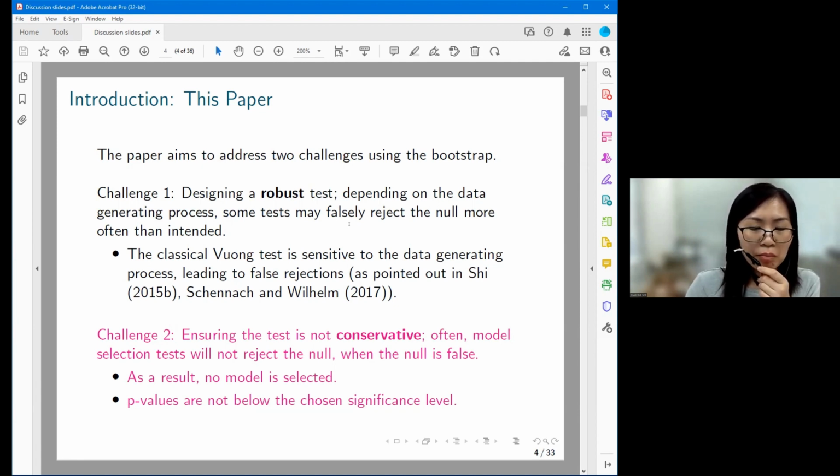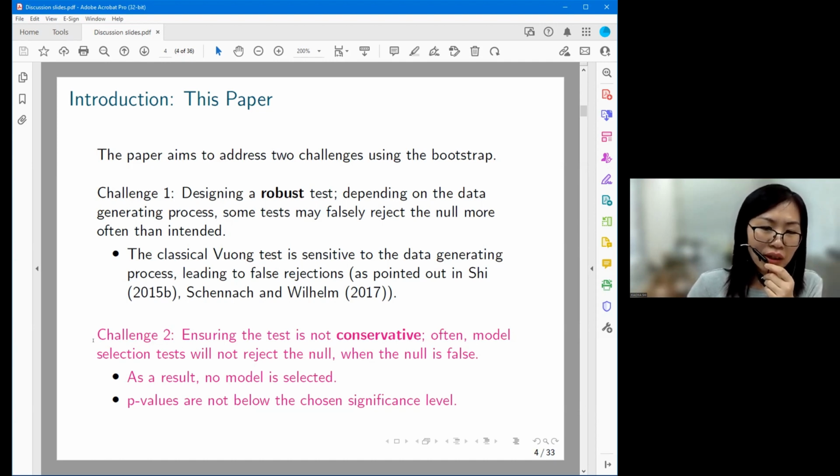That is motivated by the fact that the classical Vuong test is not robust to that. It's sensitive to the data generating process, and that can lead to false rejections depending on where the data is generated from. This problem was pointed out in these previous papers.